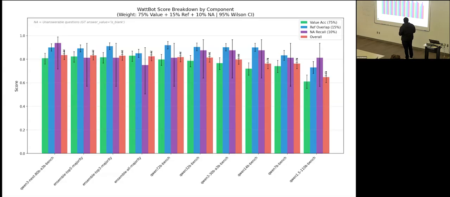But we do see that when it comes to references retrieval, all the LLMs perform almost comparably, with the exception of the really smaller models and the older generation family models.